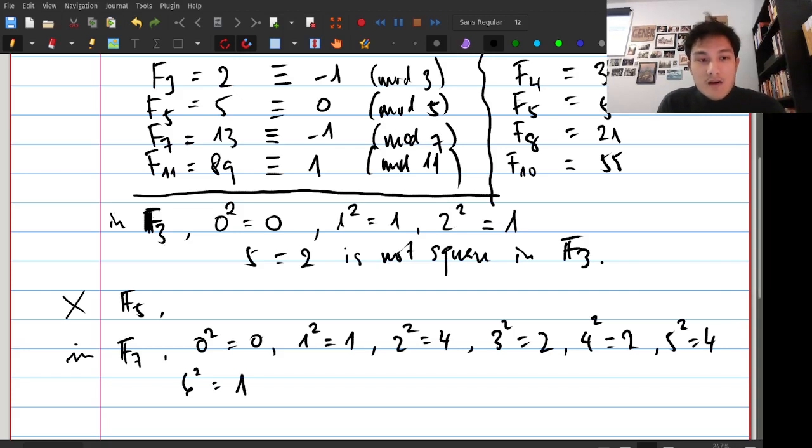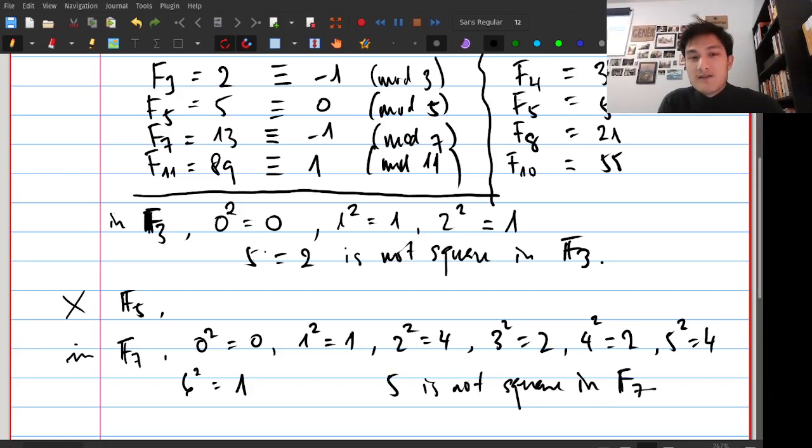So we see that the squares mod 7 are 0, 1, 2, and 4. So 3, 5, and 6 are not squares. So again, we see 5 is not a square in F7.